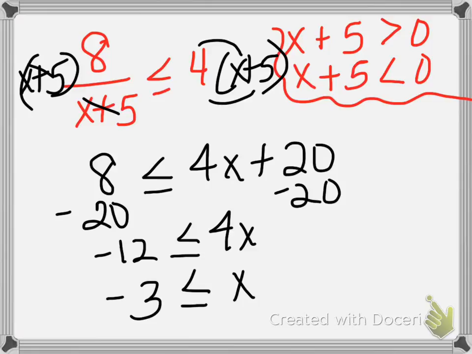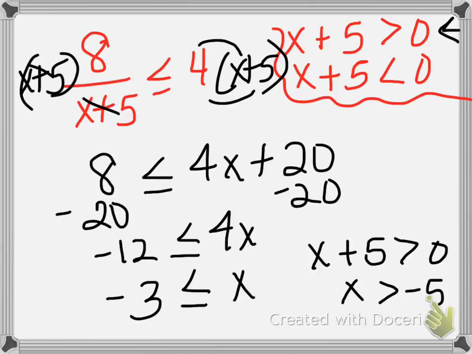Now I'm going to look at the sign of the least common denominator. It is positive. I am taking x plus 5 being greater than 0, or this first one right here. If I have x plus 5 is greater than 0 and I solve for x, I have the answer that x is greater than negative 5.